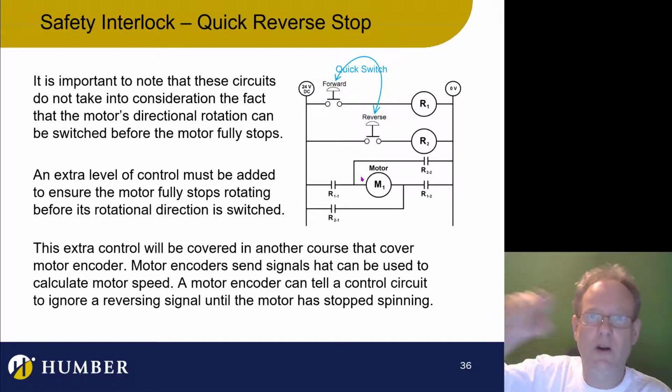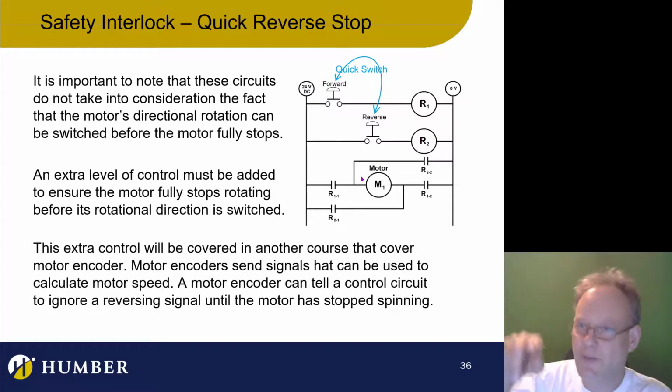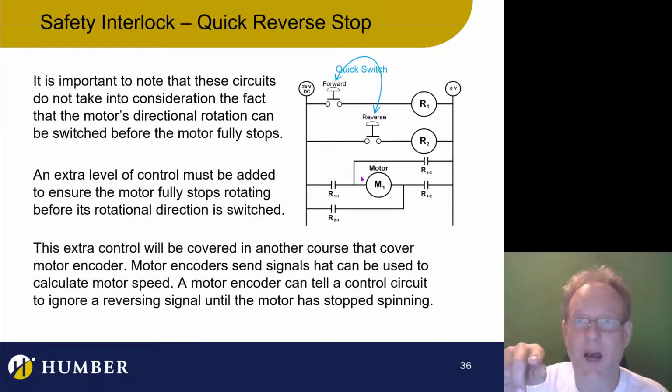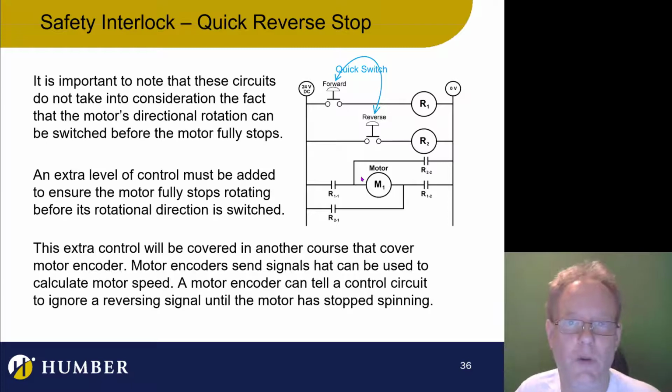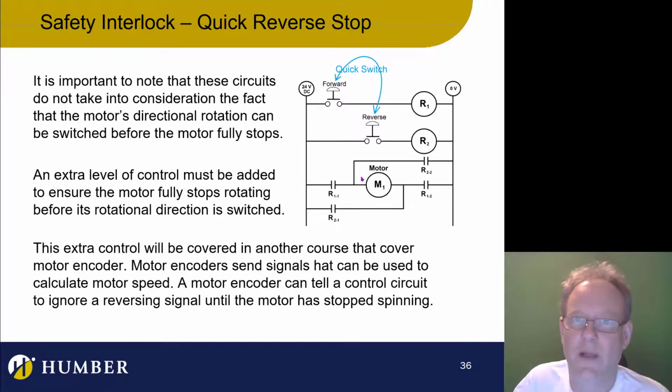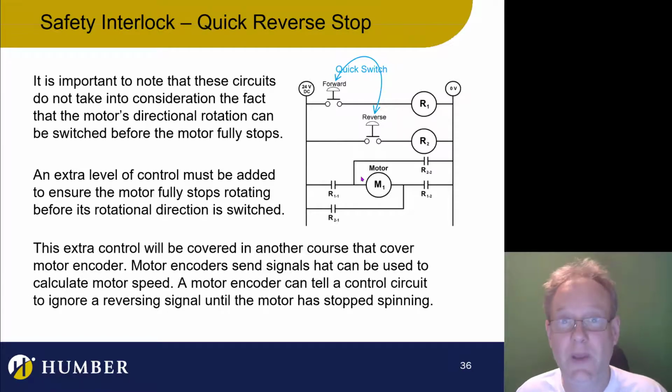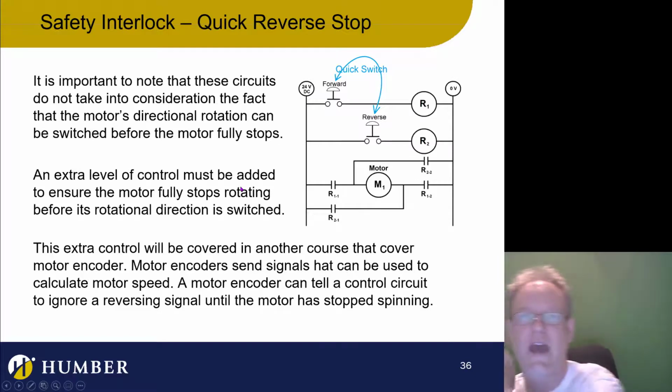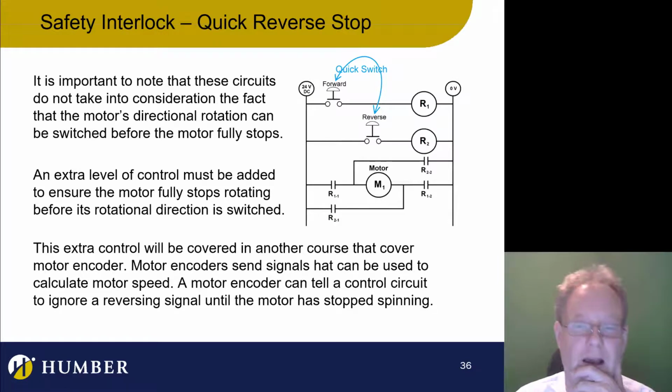That motor encoder, which is just a sensor, tells you the motor's spinning, and then finally it stops spinning. Now the signal from the motor encoder says, the motor stopped, you can go ahead and hit the reverse now. That's a complicated circuit, and we don't know how to do that just yet, and that's fine. You'll study that kind of circuitry in Mech 2 and 3, and you'll be able to build something like that.